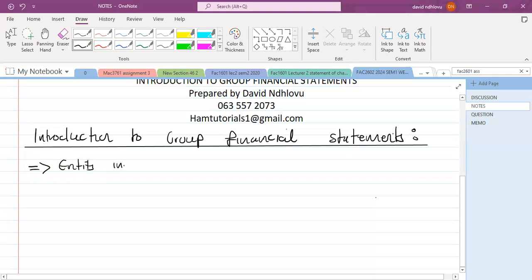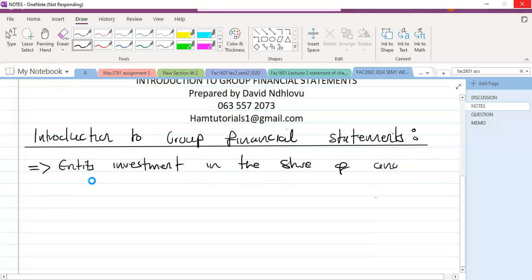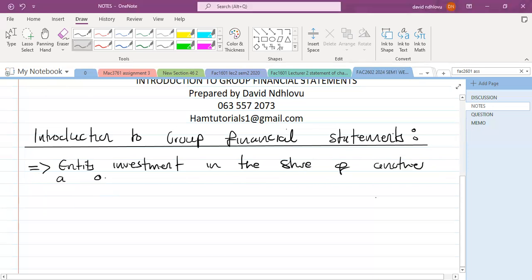Where an entity invests in the shares of another entity, a group may be formed. A group of companies may be formed.